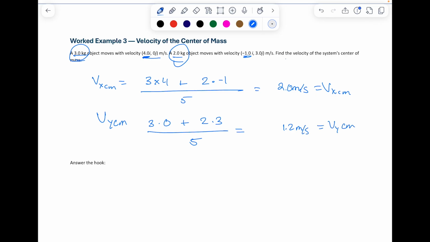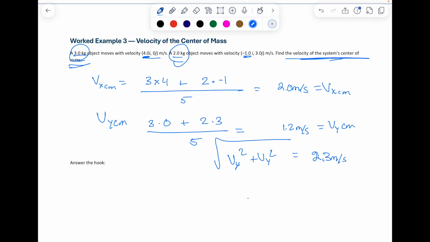So the center of mass is going to move with this x and this y of the system's center of mass. The total velocity would be the square root of vx squared plus vy squared, and then you could find the direction. So I can say 2 squared plus 1.2 squared, take the square root of that, 2.3 meters per second.